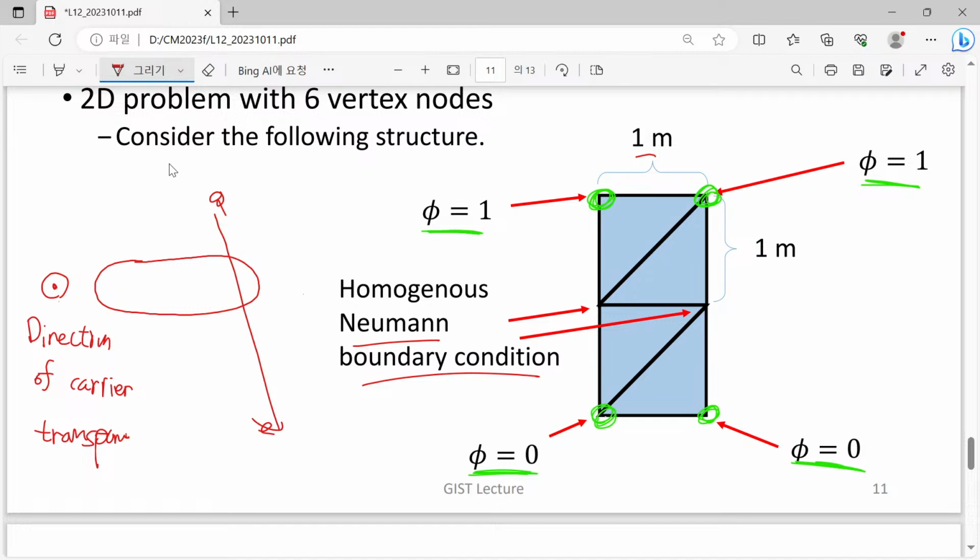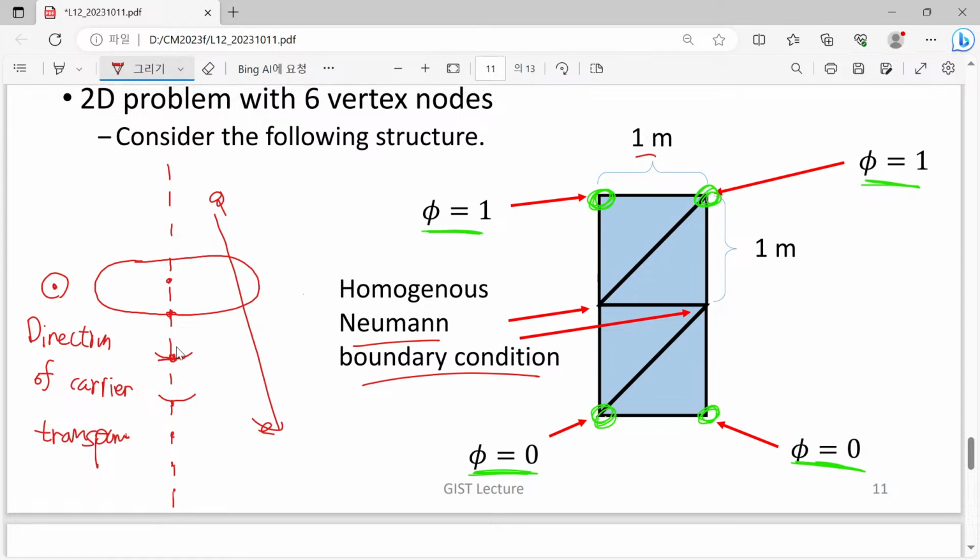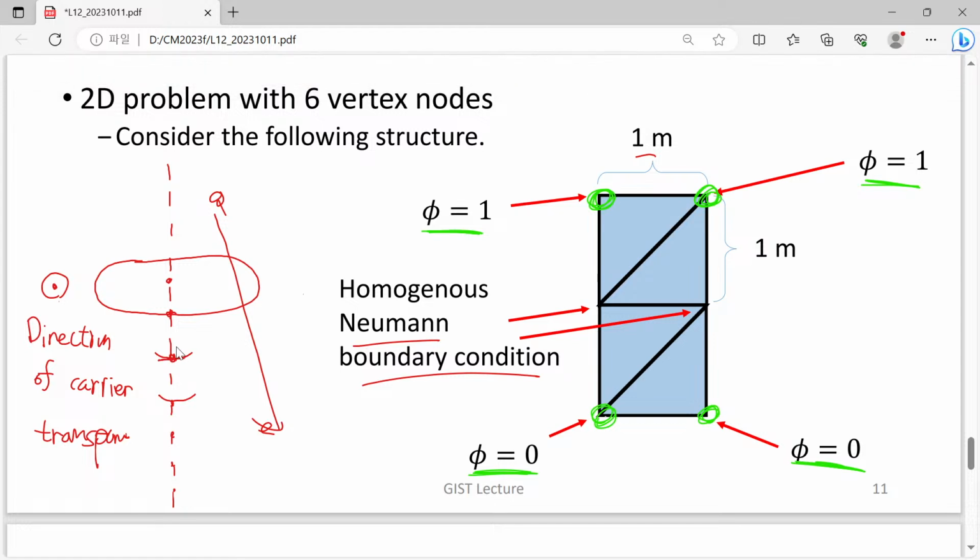However, if this structure is quite symmetric, it has mirror symmetry, then we can make the symmetric plane and we can simulate only half of them, because at every position in this symmetric plane, everything is quite symmetric, and any kind of first order derivative vanishes.